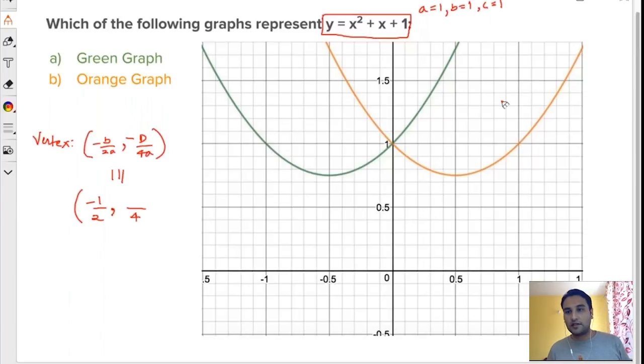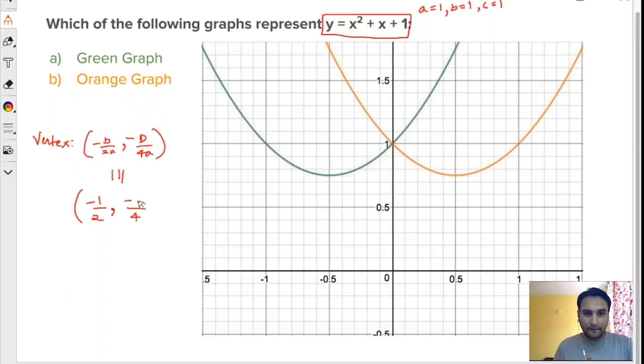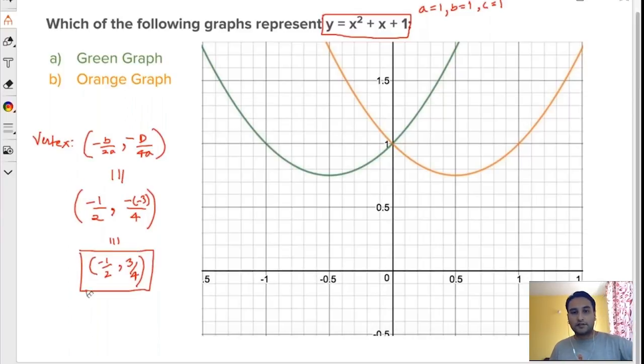See how much this will come. What is D? What is D coming out to be? D is coming out to be minus 3. This is the vertex.